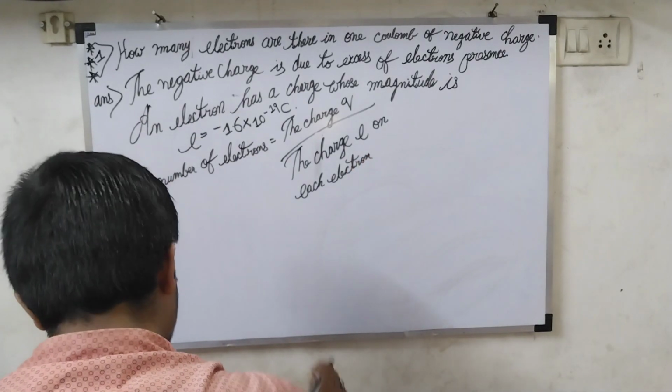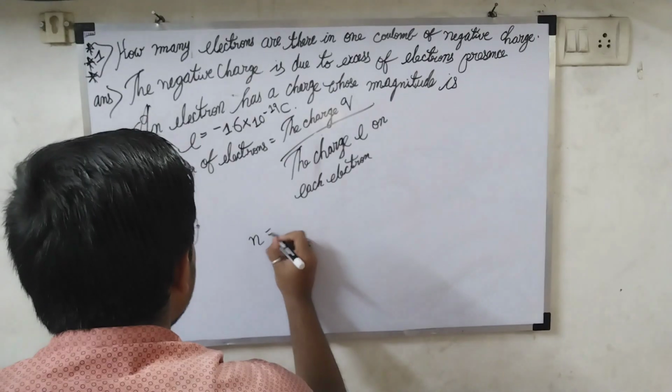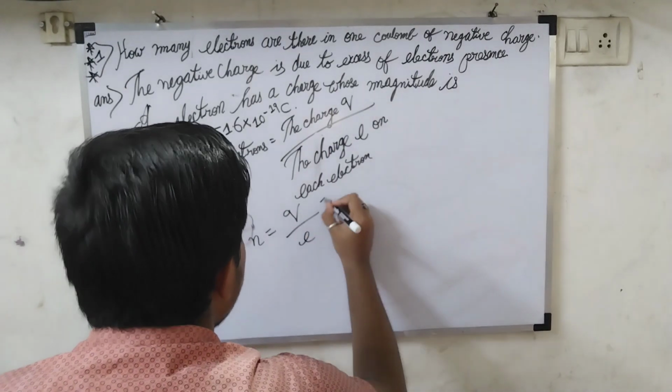Clear? Now we will write it in a symbolic way, that is n equals Q by e.